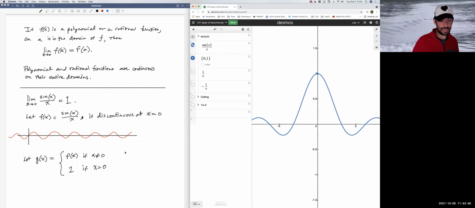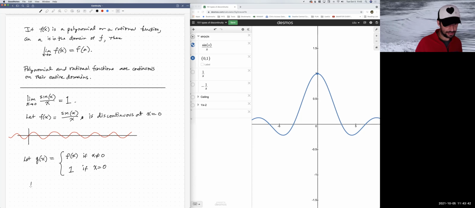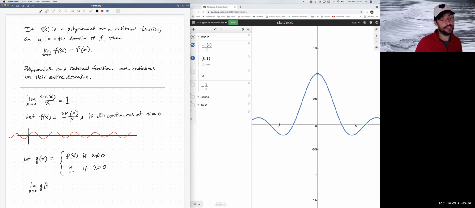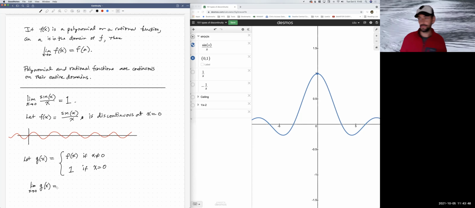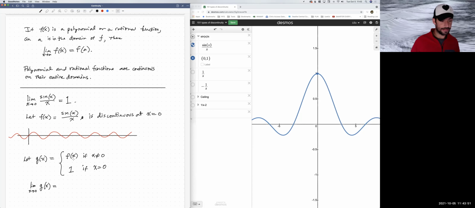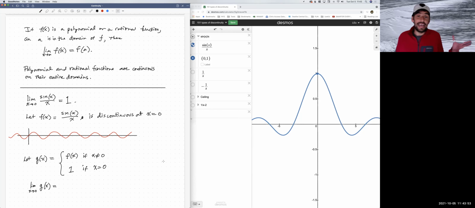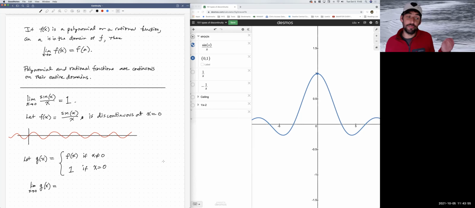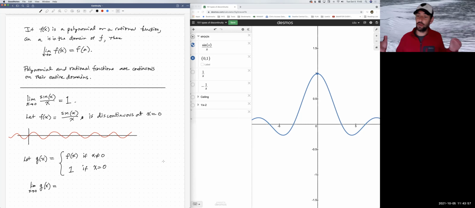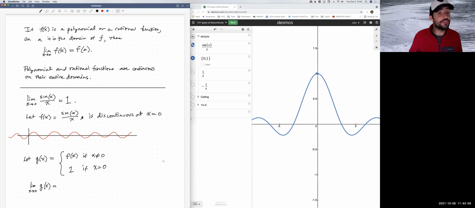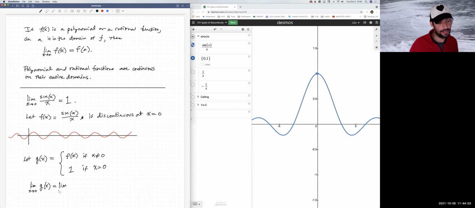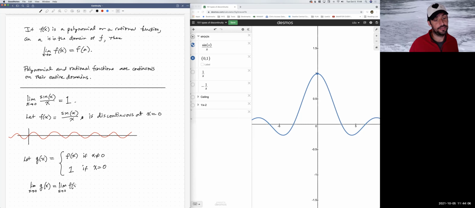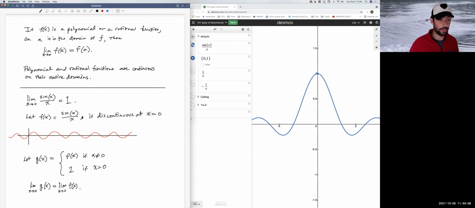Now it's certainly the case that the limit as x goes to 0 of g of x is doing exactly the same thing as f of x. Remember, the limit doesn't care about what happens at 0, it cares about what happens near 0, so its limit is the same as the limit of f of x, which we know to be 1.